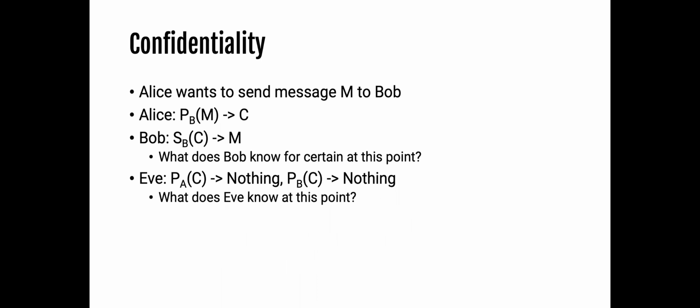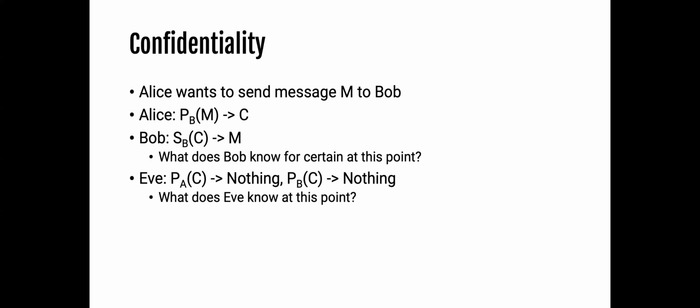In terms of confidentiality, let's use an example. Suppose Alice wants to send a message to Bob. Alice is going to use Bob's public key to encrypt this message.